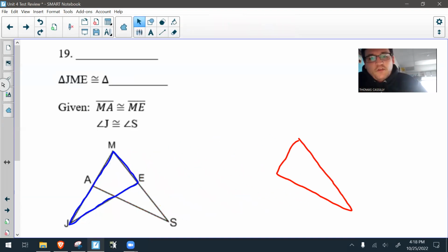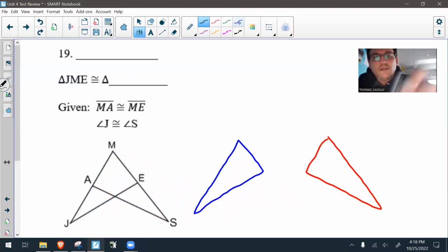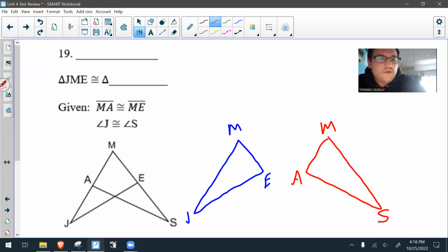I'm going to split them into their respective pieces and label them. We have J, M, E, and then the red one we're going to have MAS. So we know MA is congruent to ME. We know J is congruent to S.